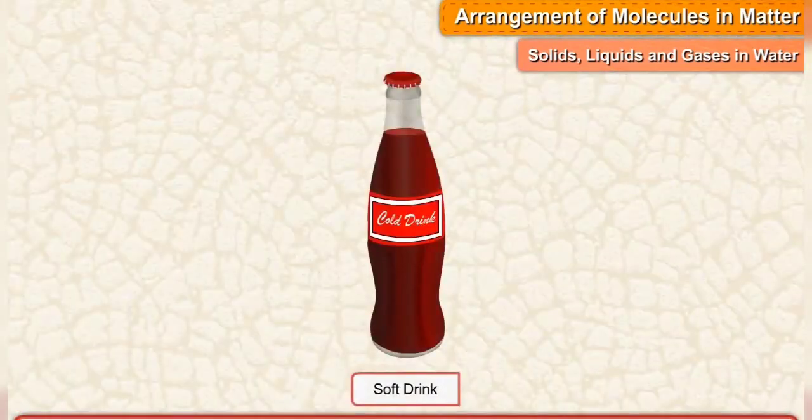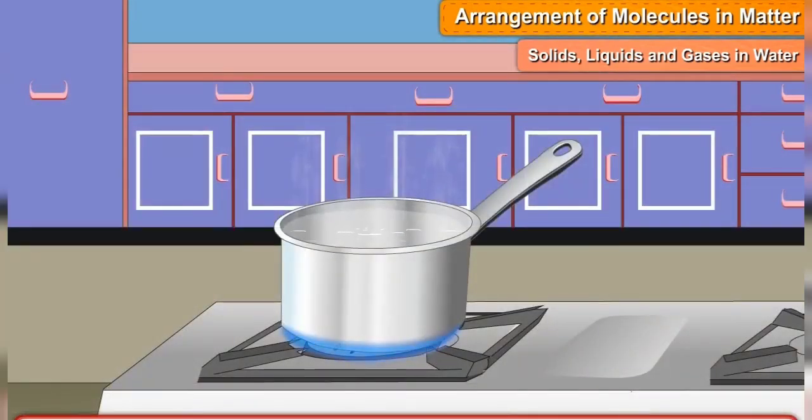In soft drinks, carbon dioxide is dissolved to make them fizzy. When we boil water, small bubbles of air are seen on the inner side of the container. These bubbles are of dissolved gases that separate from water on heating.